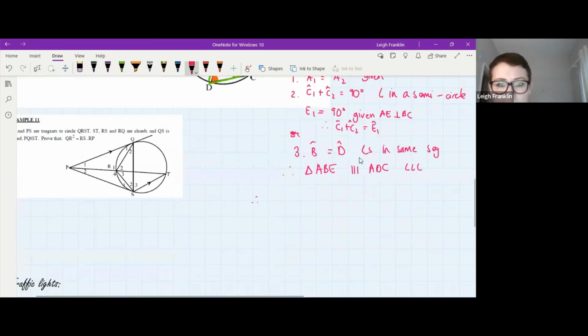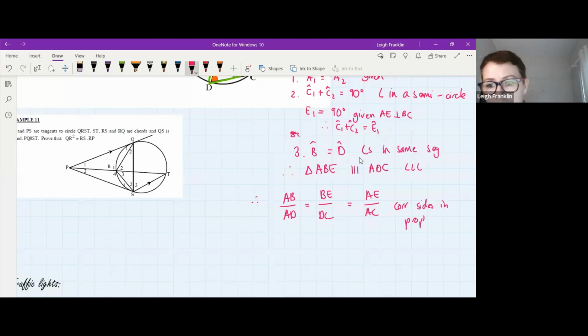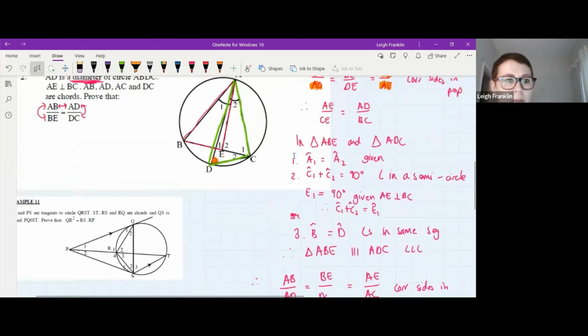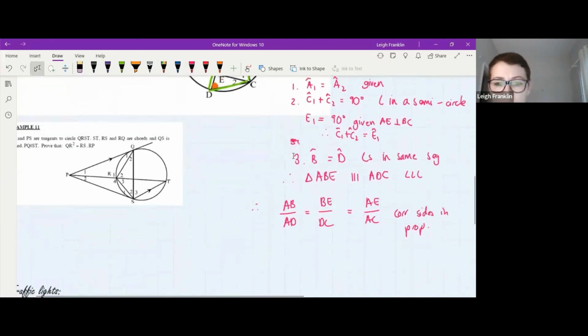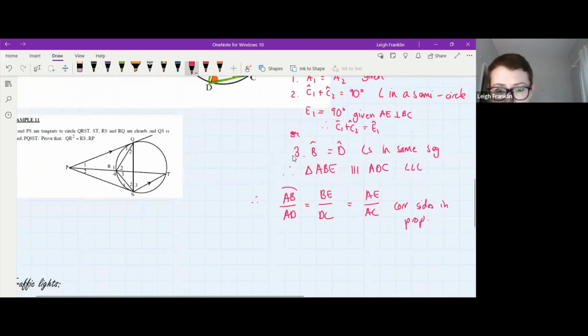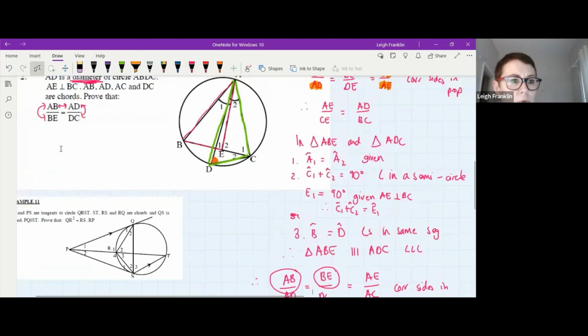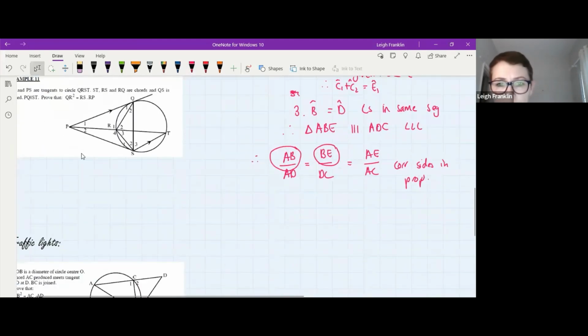That means that AB over AD, first and last over first and last, second two over second two, first and last over first and last, because corresponding sides are in proportion. Now they wanted us to do AB over BE. AB over BE is equal to AD over DC.